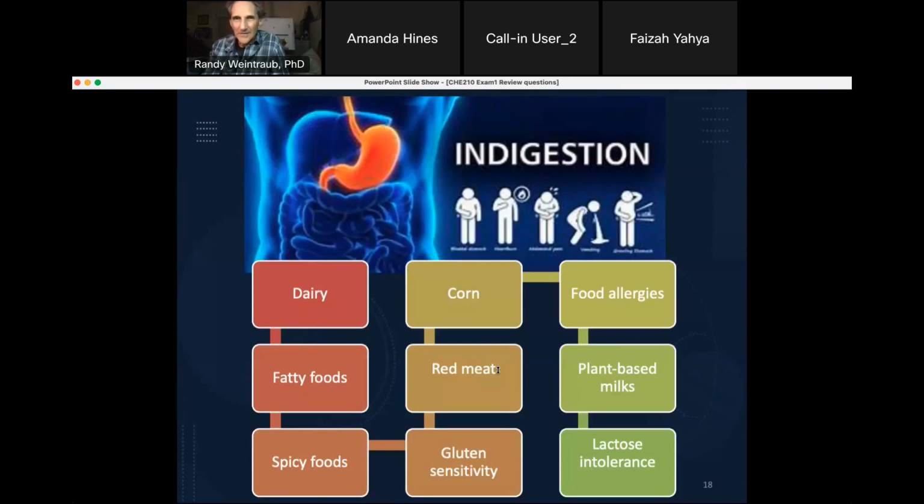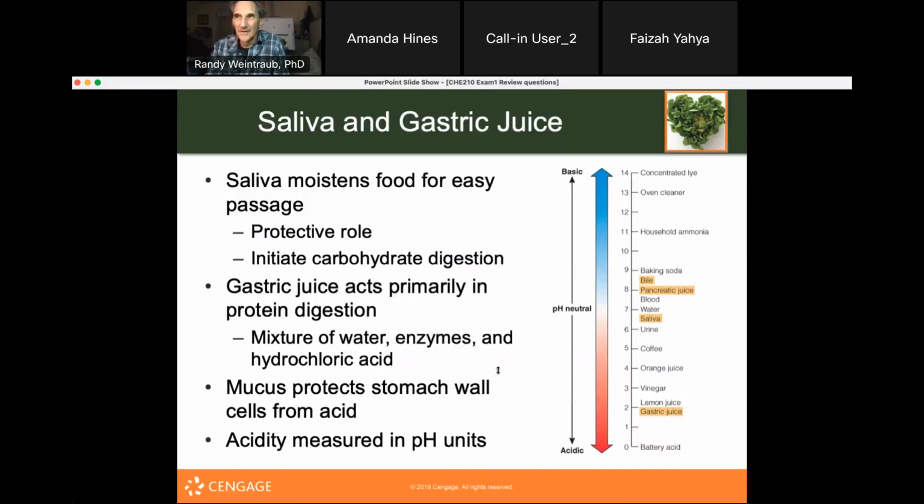Dairy, too much dairy, fatty foods, too much fatty food, spicy food, corn, red meat, other kinds of food allergies that are not completely understood, lactose intolerance. So these are potential causes of indigestion that may not be easy to diagnose or to realize ourselves.